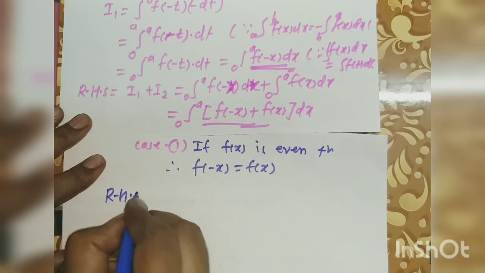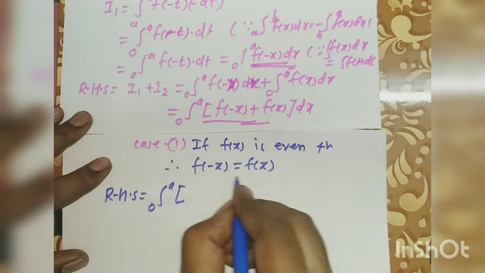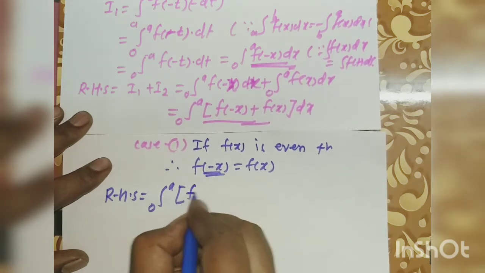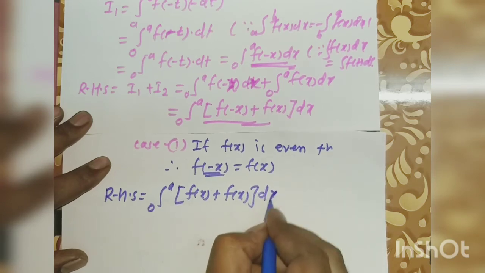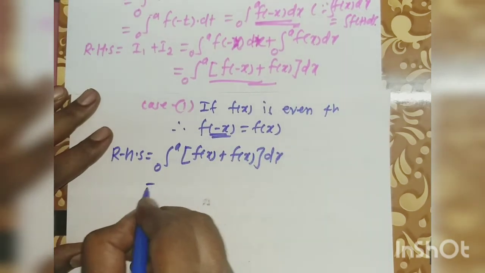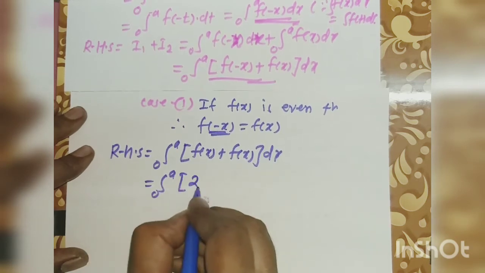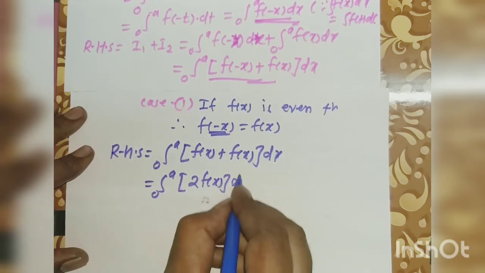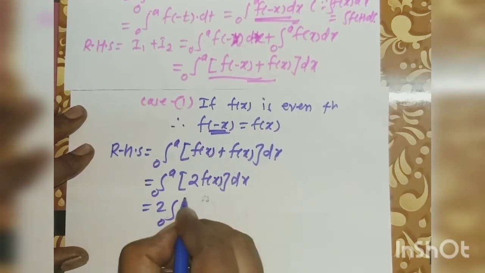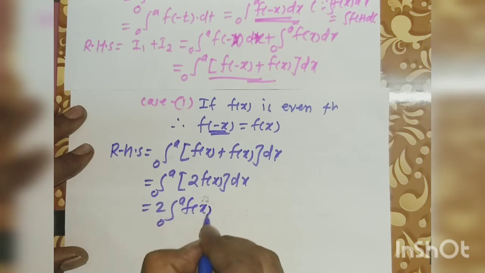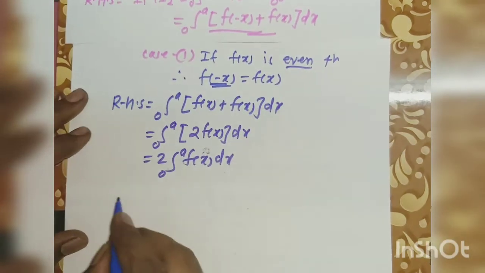Therefore RHS is equal to 0 to a bracket, in place of f of minus x we write f of x, plus again f of x dx, is equal to 0 to a twice f of x dx, is equal to twice 0 to a f of x dx, if the function is an even function.